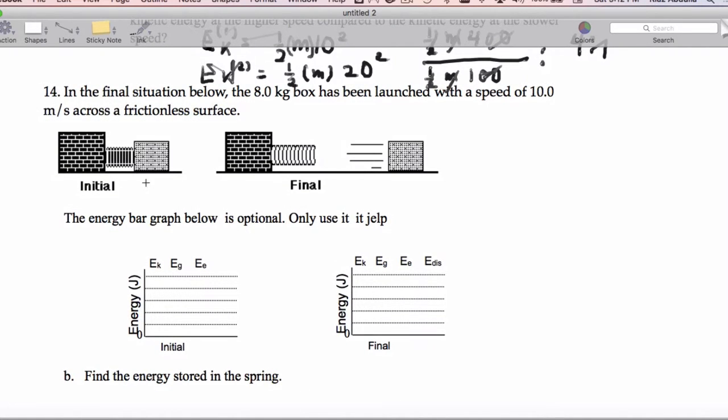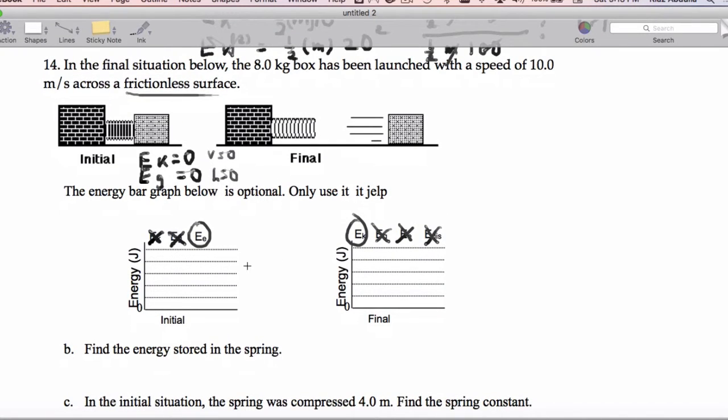We note here that Ek is 0, and we also note that there's no gravitational energy to start with because there's no height. Again, that's because v is 0, and here we have h is 0, so we only have Ee. And in the end here, there is no E elastic, there is no gravitational because there is no height. We see that it's moving, and we're told that it's frictionless, so there's no dissipated energy.